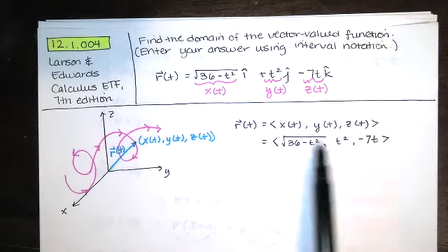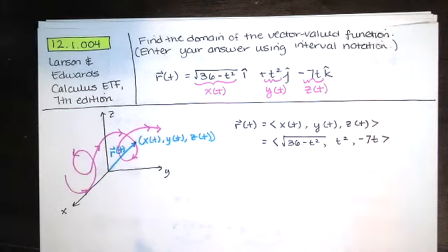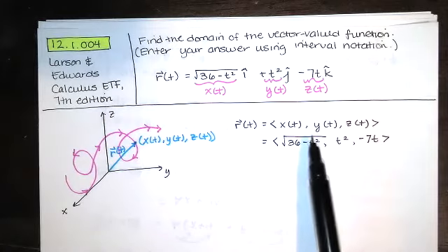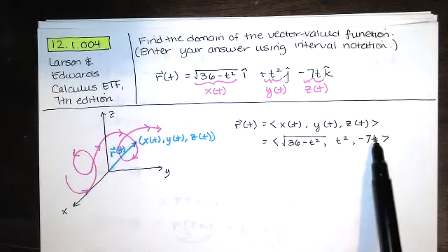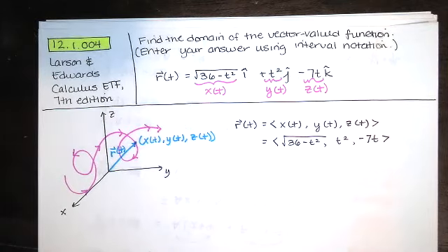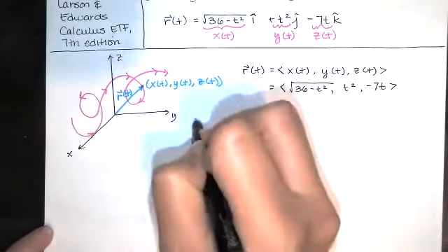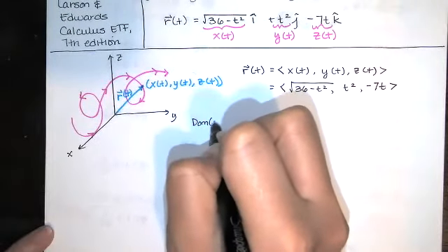You want to find out where those intervals overlap. That's called the intersection. So the way we start this problem is we find the domain of this guy and the domain of this guy and the domain of this guy, and then we find out where they overlap, which is called the intersection. So first I'll find the domain of x of t.